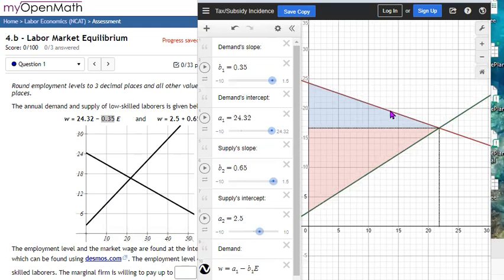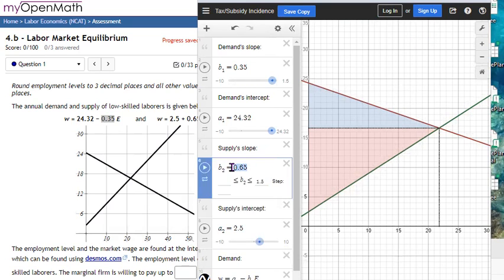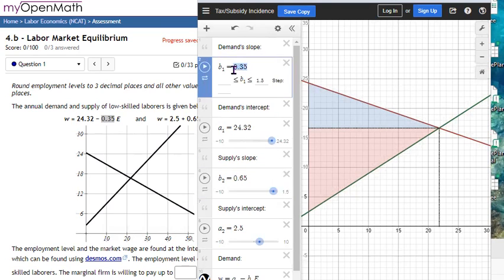Okay, so this line here is the demand line, labor demand. And this line here is the labor supply. Supply is steeper than demand.